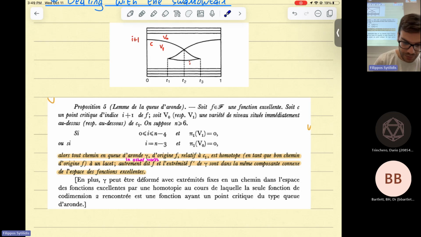If n is greater than or equal to 6, and my I is in the range from 0 to n minus 4 and V1 is simply connected, or I is n minus 3 and V0 is simply connected, then if one of those conditions is met, I can cancel my swallowtail.